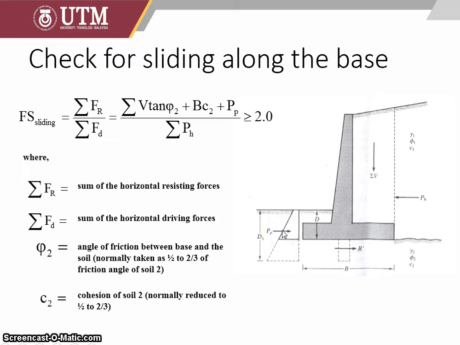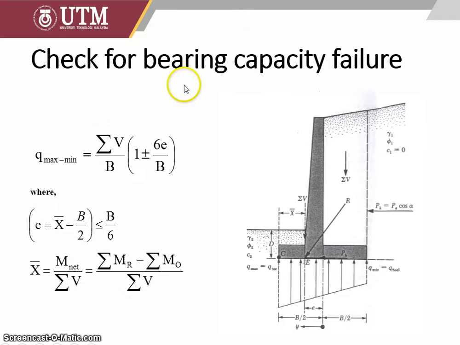We have to obtain that first, then after that we can calculate the forces. Similarly, for bearing capacity failure, as long as we know the active and passive pressure, we can check the loading, the range of maximum to minimum vertical stress, and eccentricity if we have one, with the design wall width B, so we can have the moment of retaining minus moment of overturning divided by the vertical.